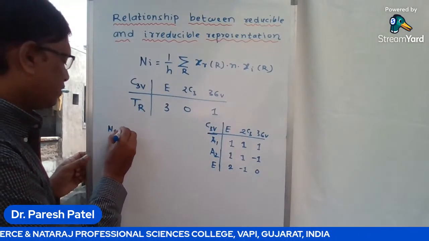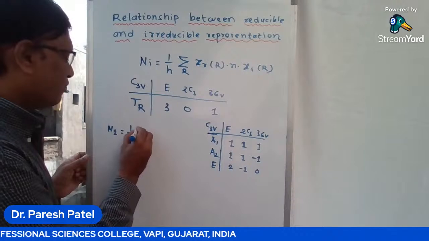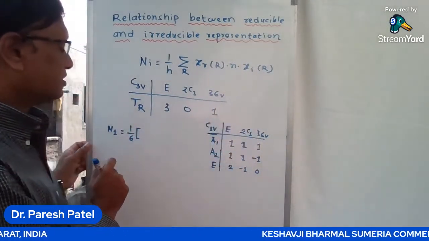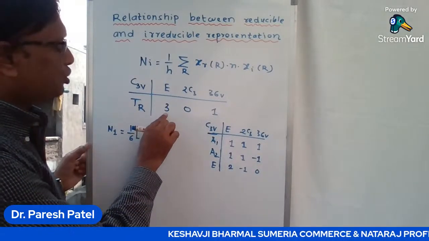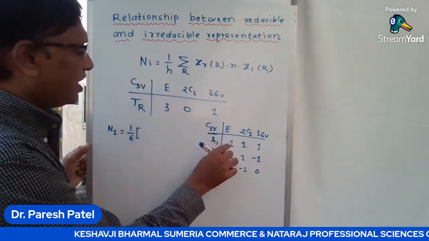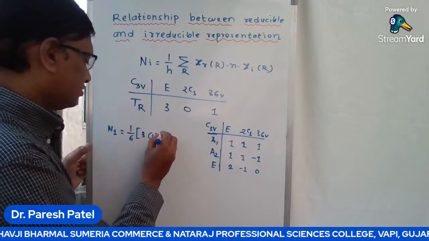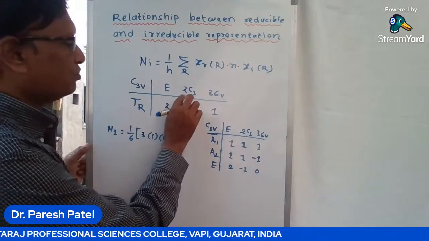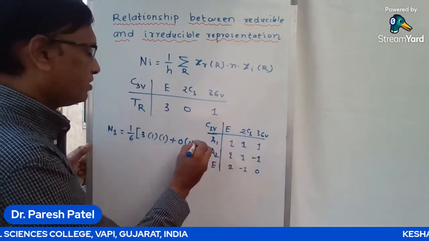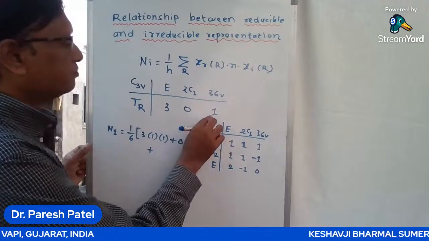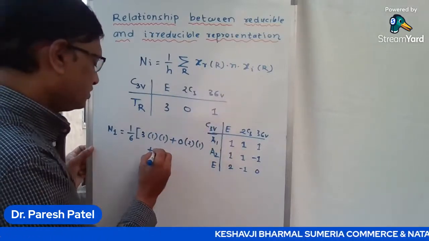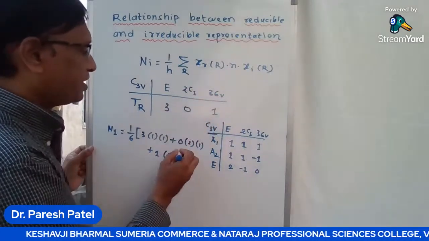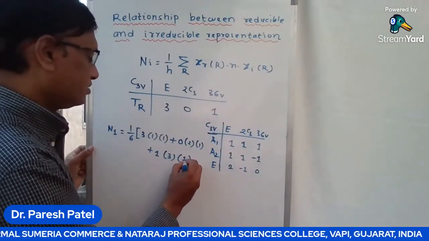N1 is equal to 1 upon h. The value for h is equal to 6: 1 plus 2 plus 3 is equal to 6. Okay, now the reducible characters are 3, 1 and 1, plus the value for the reducible representation is 0, 2 and 1, plus the reducible component is 1, the number of symmetry operations 3 is 3, and again 1.